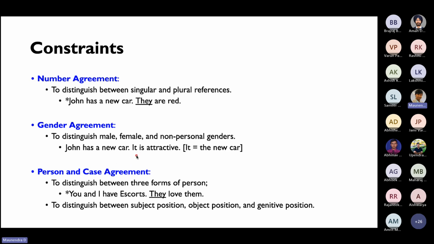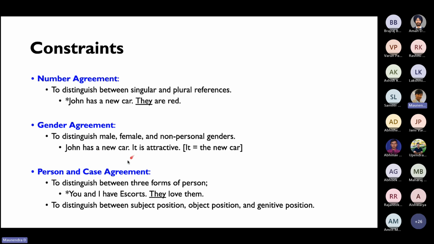Now for it, this pronoun, if we want to find what could be a possible co-reference, we can say for it, John cannot be the correct co-reference, because it is referring to a non-animate, non-personal gender, and John is a male, so there is no match.